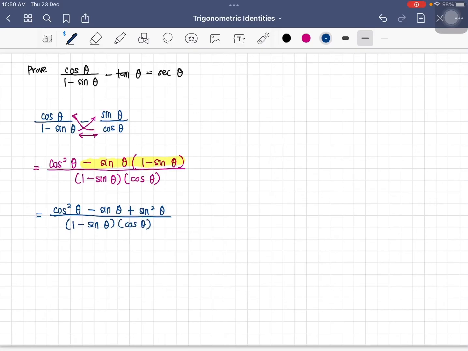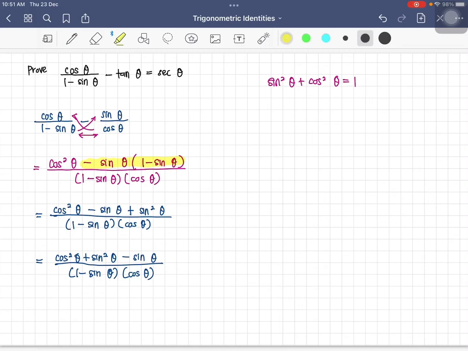Now let me rewrite this one, rearrange this: cos squared theta plus sine squared theta minus sine theta, this whole thing over 1 minus sine of theta cos of theta. You just need to recall the identity that we have: sine squared theta plus cos squared theta is equal to 1, therefore this one will become 1.